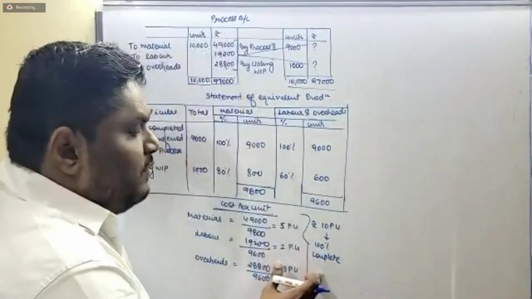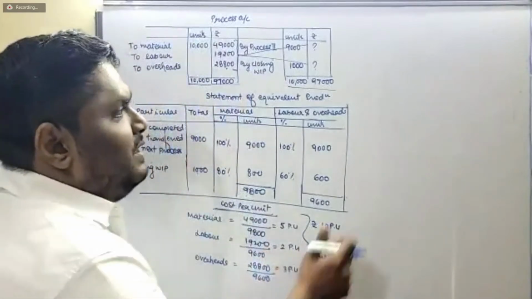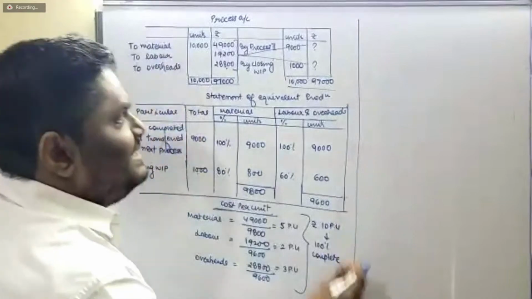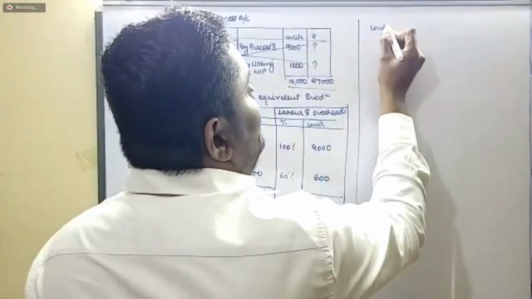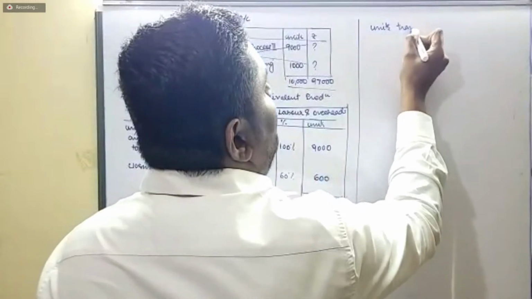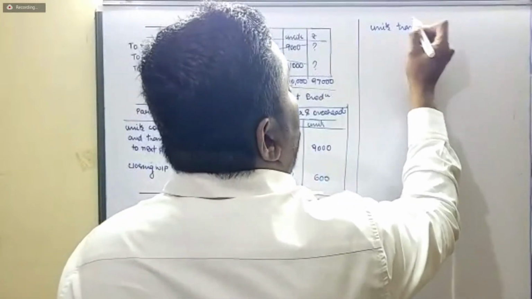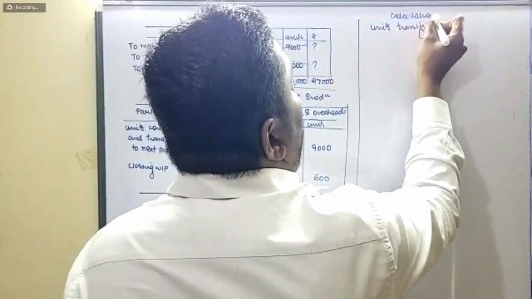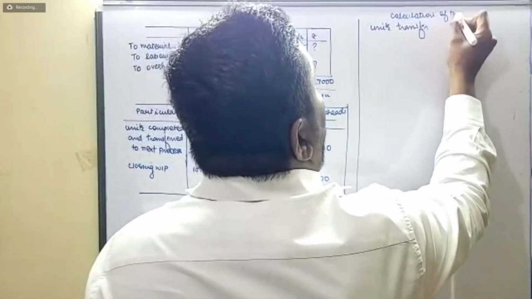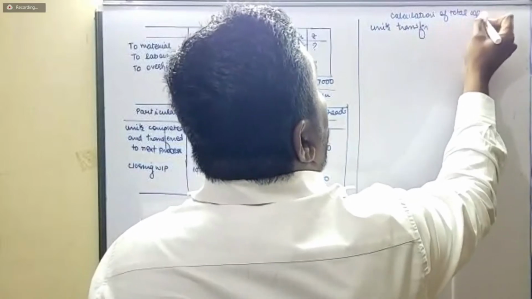That is 5, 2, and 3. So this is the cost of the units that are 100% complete. Now we can easily calculate the cost of these two items. So the first is units transferred. Calculation of total cost.